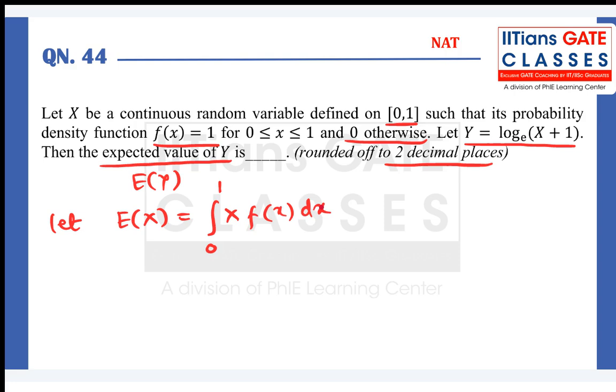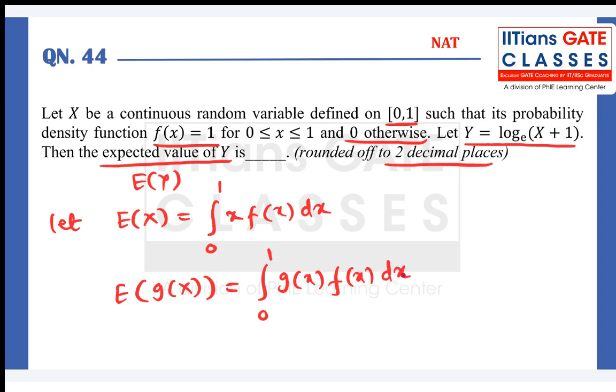So maybe I should write small x here. Okay, and if I replace this x with some other function of the random variable x, it still holds the same. It's just that it becomes g of x into f of x dx.